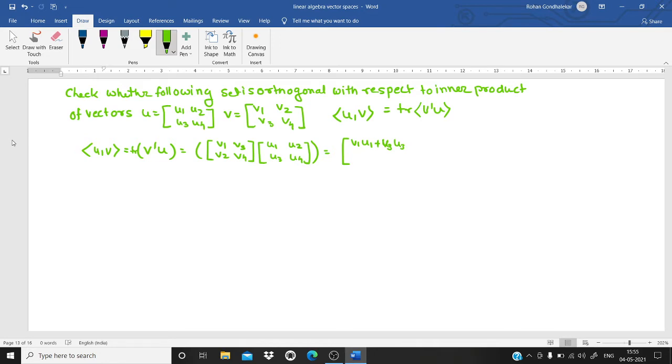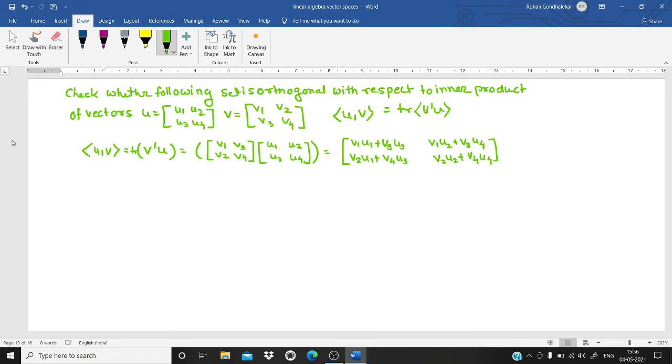The next is V1 U2 plus V3 U4. Next is V2 U1 plus V4 U3. And finally V2 U2 plus V4 U4.